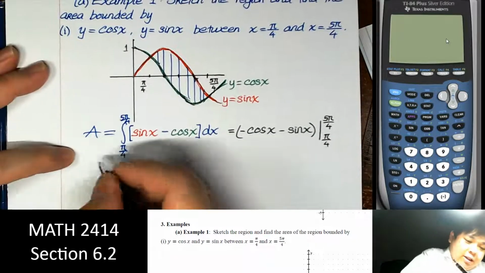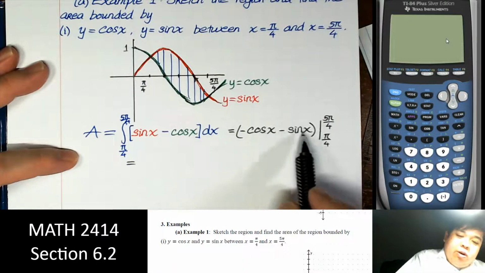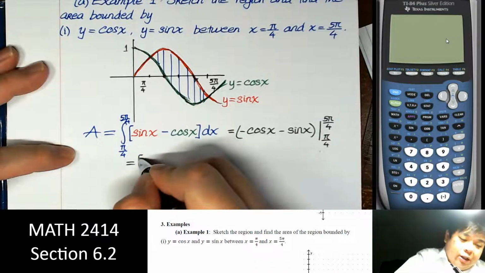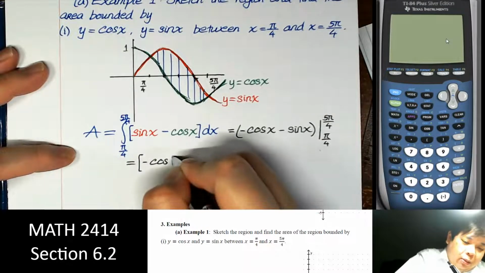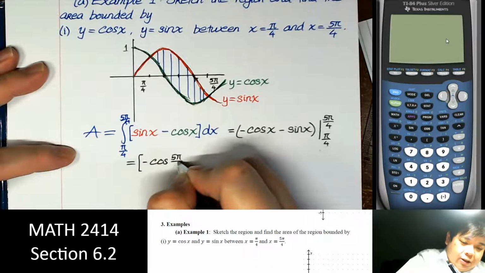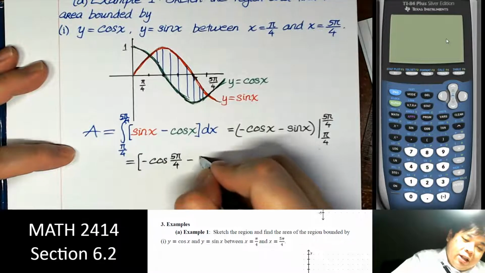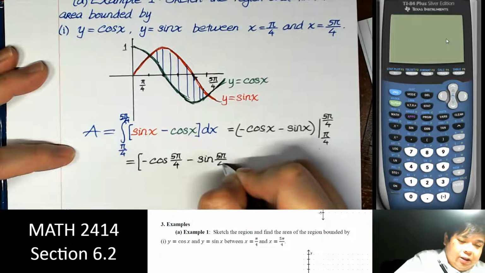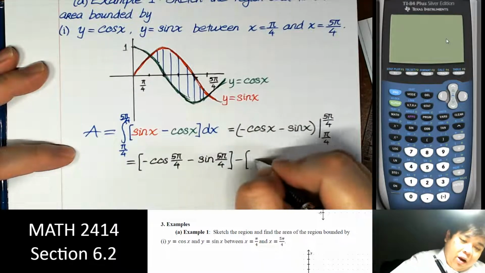And we just put 5 pi over 4 and pi over 4 into it. So negative cosine of 5 pi over 4 minus sine of 5 pi over 4, and then we're going to put pi over 4 into it.